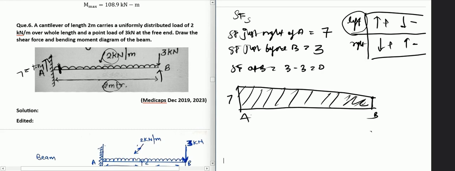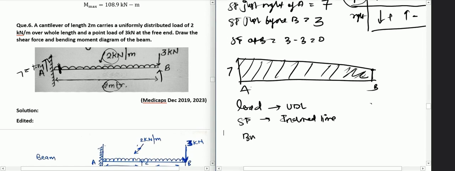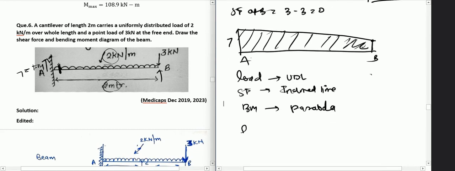Whenever you have a load case such as UDL, the shear force diagram will be an inclined line, and the bending moment variation will be a parabola. You can remember this using the condition that the load is one degree below the shear force, which is one degree below the bending moment.